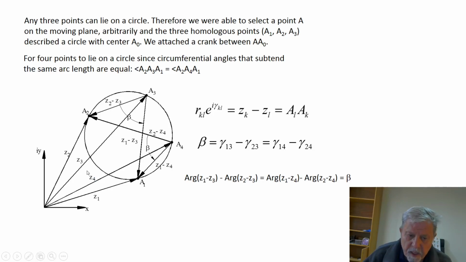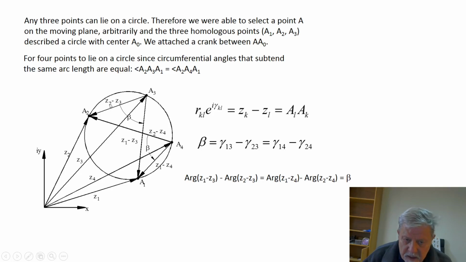The vector A3 to A2 will be Z2 minus Z3, because Z3 plus this vector is going to be equal to Z2. This vector is going to be equal to Z1 minus Z3. This vector is Z2 minus Z4, A4 to A2. A4 to A1 is Z1 minus Z4.